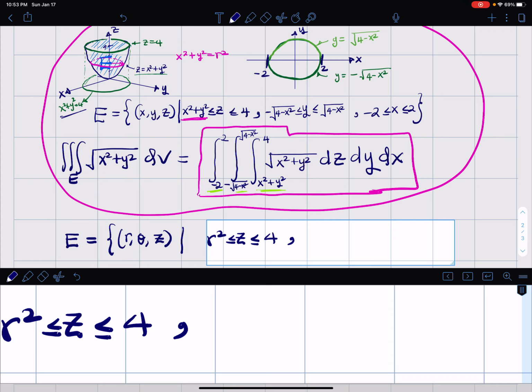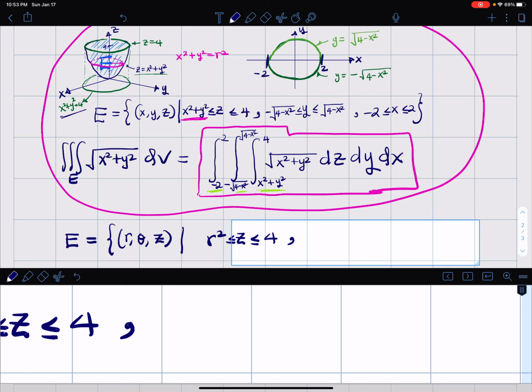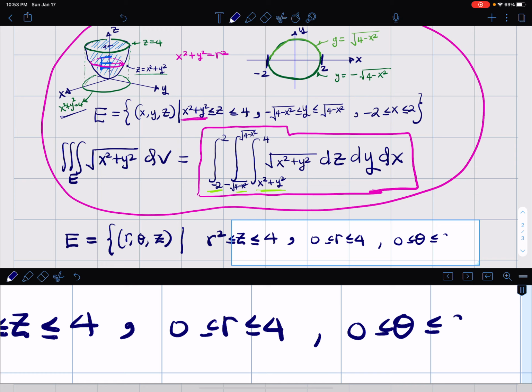R goes from 0 to 4, and theta goes from 0 to 2 pi.